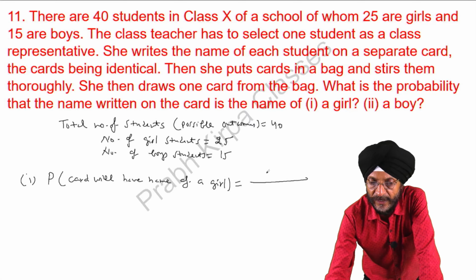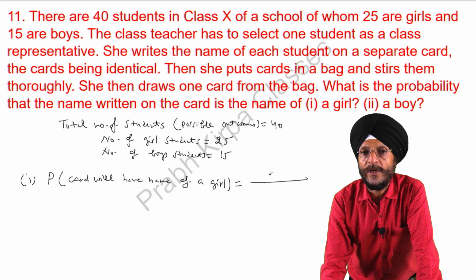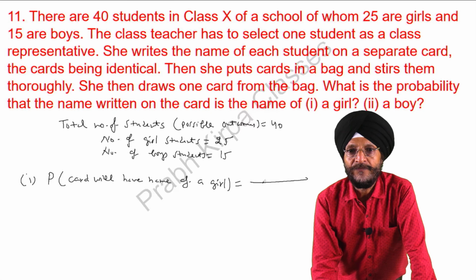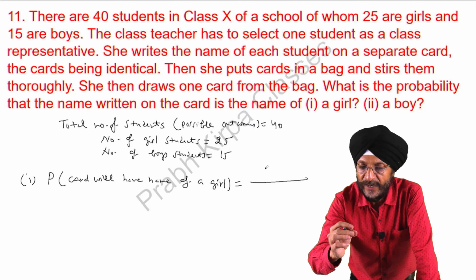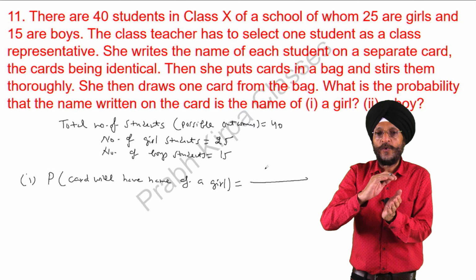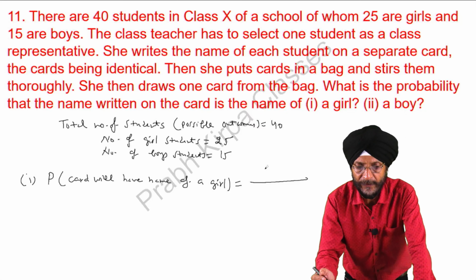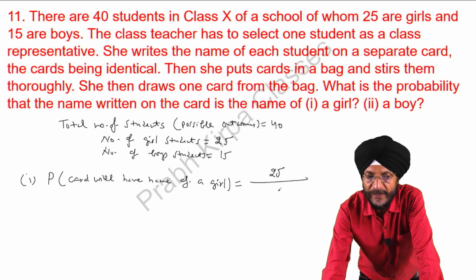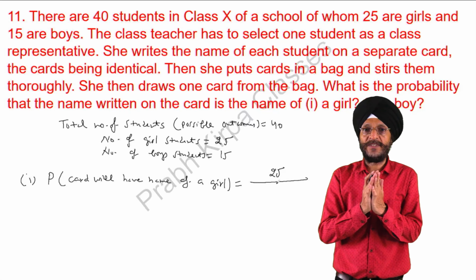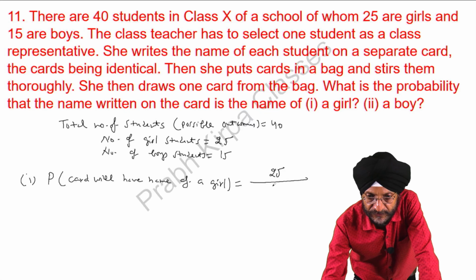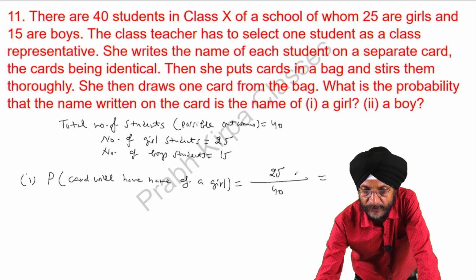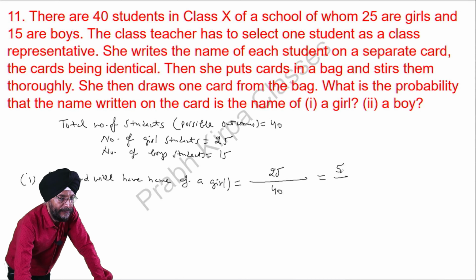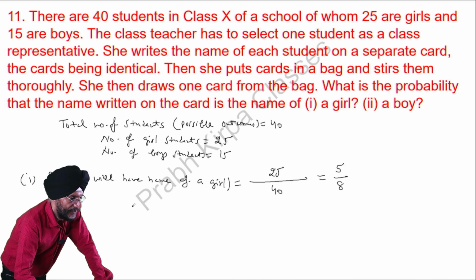Here we will divide the number of favorable outcomes by the total number of possible outcomes. Number of favorable outcomes means the number of girl students. It is 25. It will be divided by total number of outcomes, that is the total number of students, 40. So here we will divide both by 5. 25 divided by 5 is 5, 40 divided by 5 is 8. 5 over 8. This is the first part.